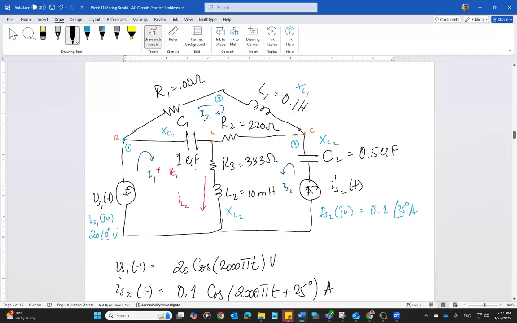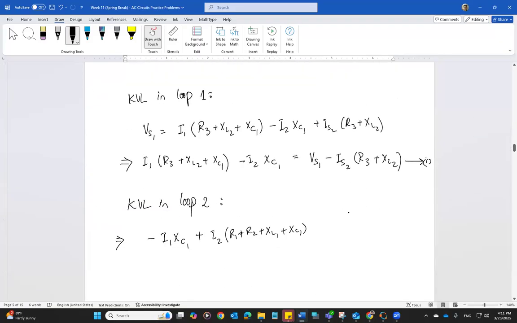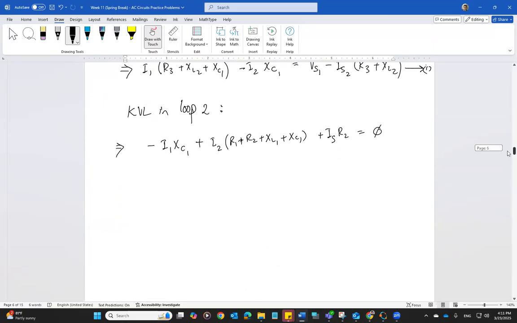IS2 and I2 pass through R2 in the same direction, so I'm going to put plus IS2 times R2. And there is no source in loop 2, so it is equal to 0.